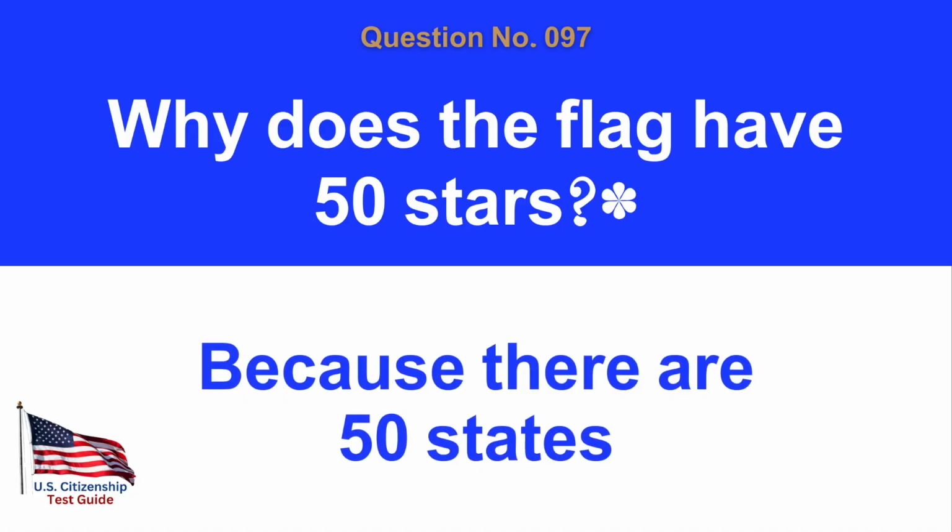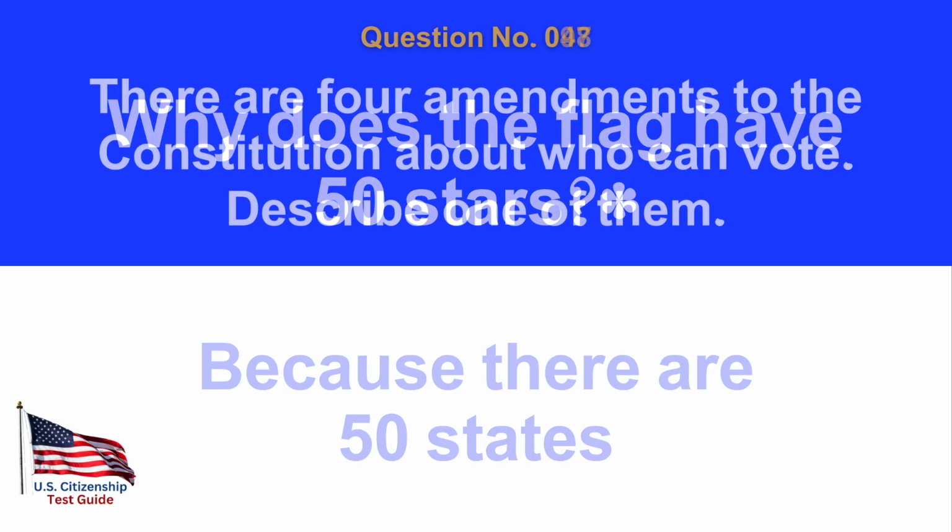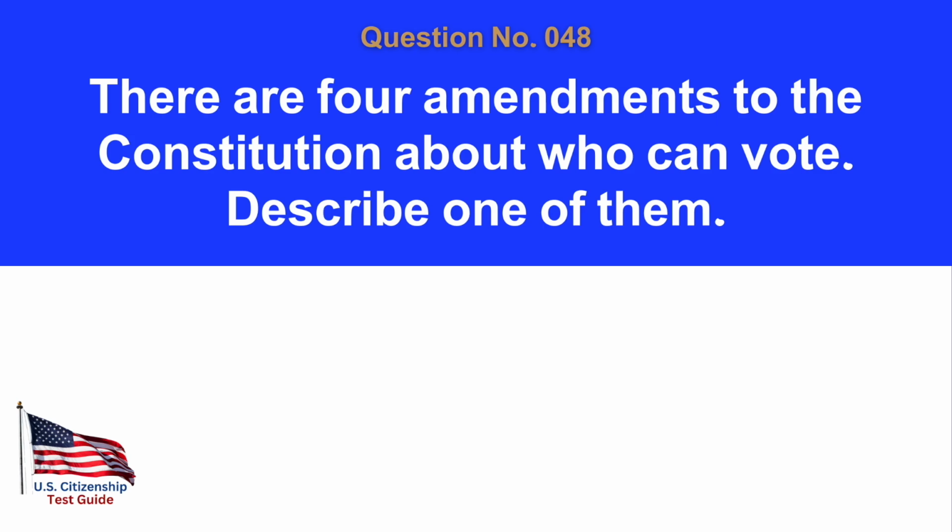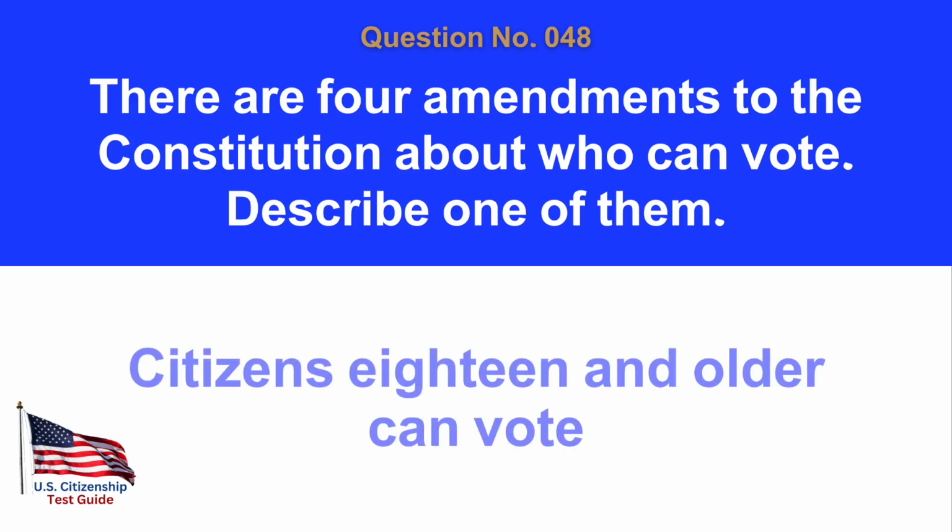Because there are 50 states. There are 4 amendments to the Constitution about who can vote. Describe one of them. Citizens 18 and older can vote.